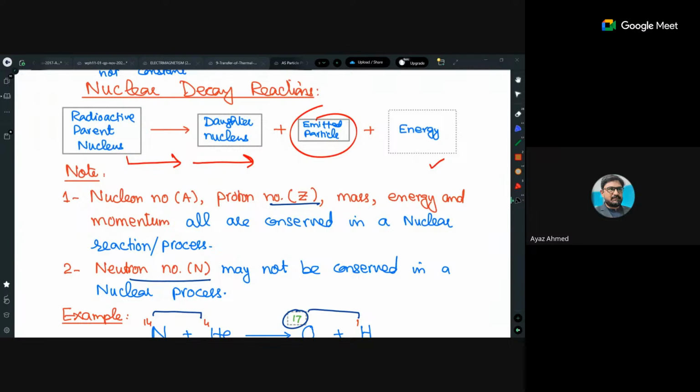Then there are some important parameters which you must know: during a decay, nucleon number, proton number, energy, mass, and momentum are all conserved. It's very important, right? They are all conserved in the nuclear reaction or any process.